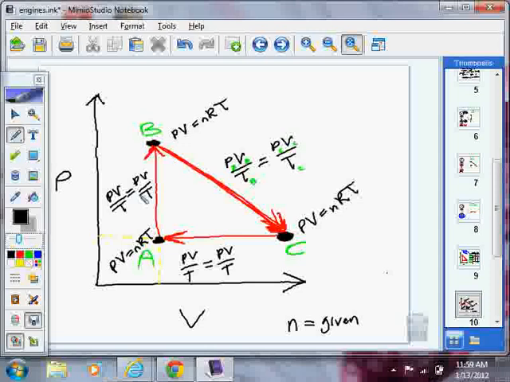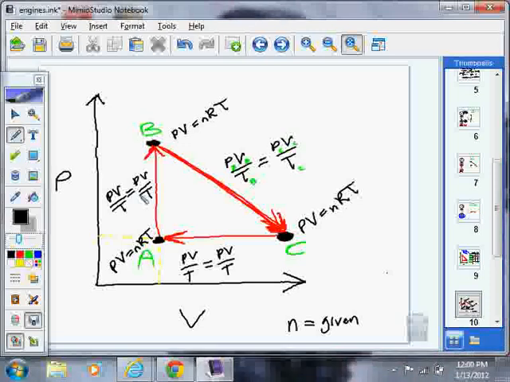Now, the other thing you can apply to each of the thermal processes. No, back to the corner points. You know how for those corner points you can apply the gas law? Well, if you know the temperature now because you did PV equals nRT, you can calculate the internal energy of each of the corner points.